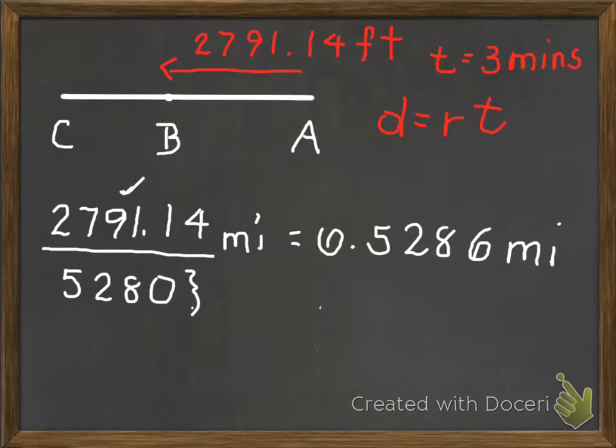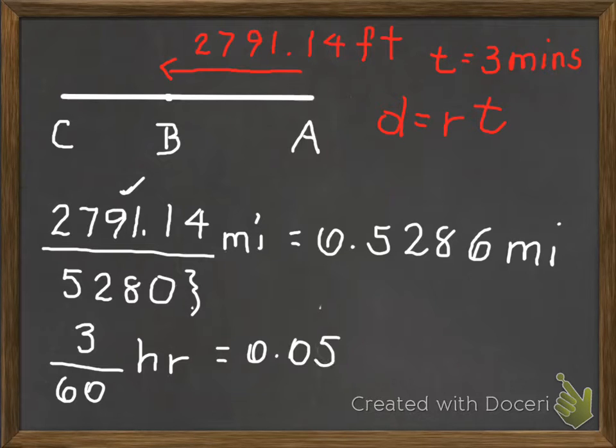So this is the part out of 1 mile, and that part is about a half of a mile. Similarly, we've got 3 minutes out of 60 minutes, so it's 3/60th of an hour, which is 0.05 hours.